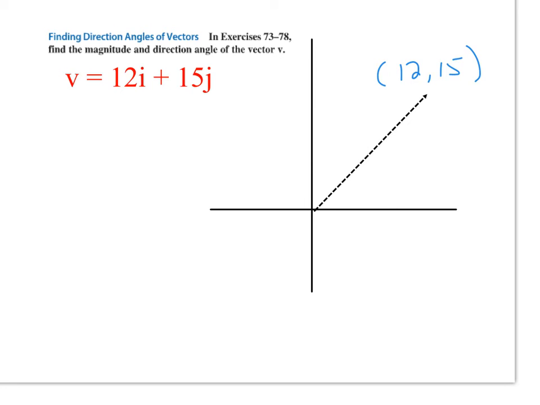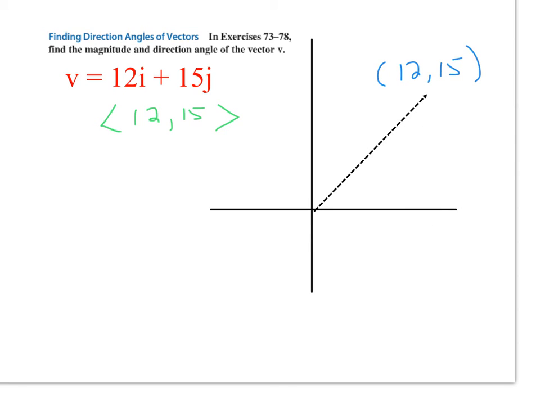So if I wanted to write this in component form, of course it would look like this, hard bracket 12, comma, 15. Okay, this right here, v equals 12i plus 15j, is the vector in linear combinations of standard unit vectors form. I just call that the ij form, okay? So this is going to be 12i plus 15j going up.